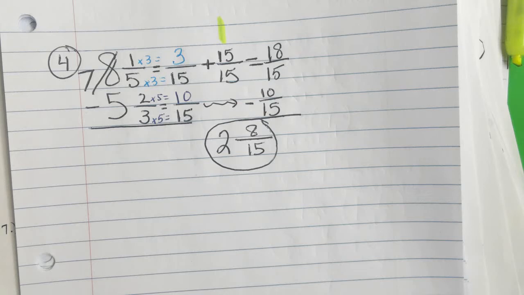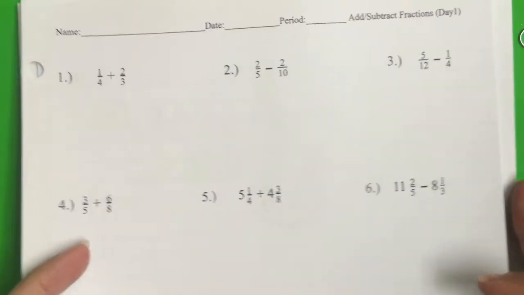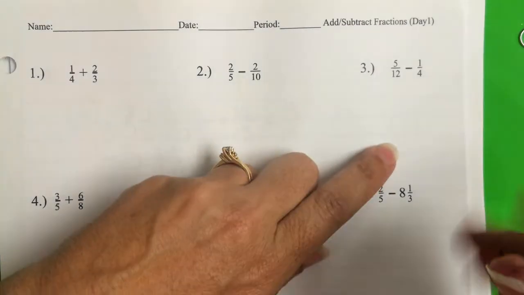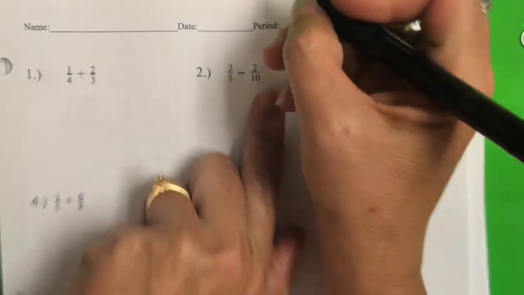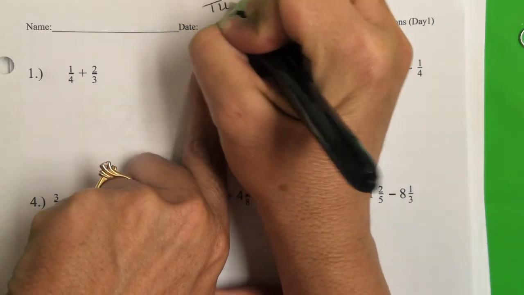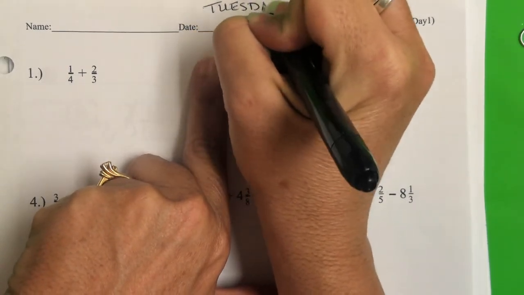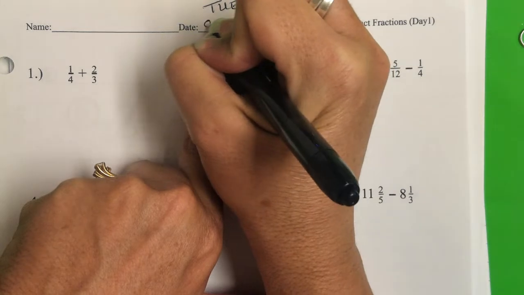Here we go. Now, I'm honestly looking to see if there's any problems that are super hard. This is another reason I'm doing this. So, I'm going to just start working them out. This is actually Tuesday night's homework, and today is the 18th.